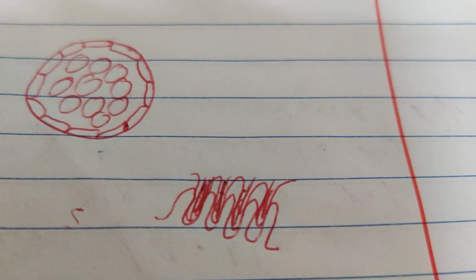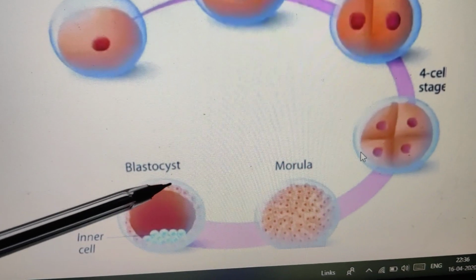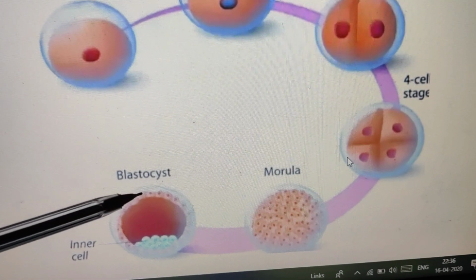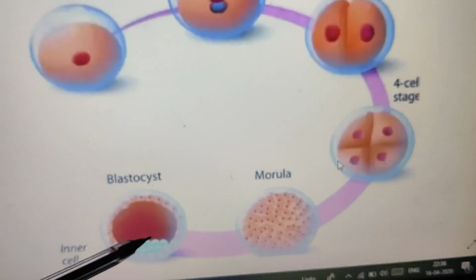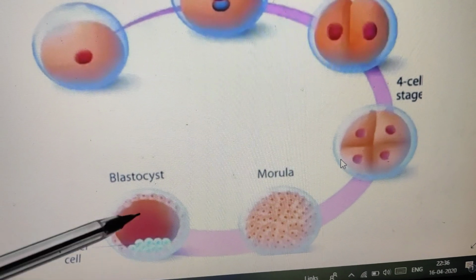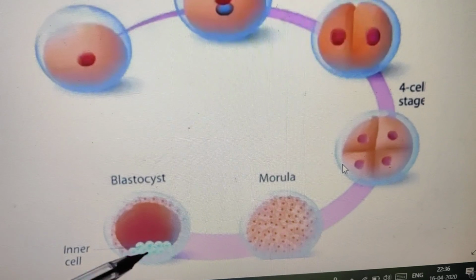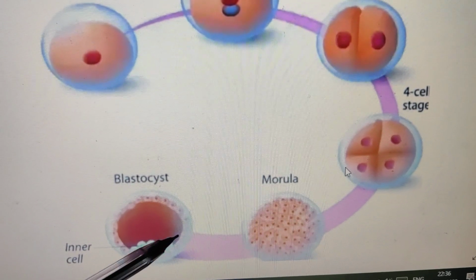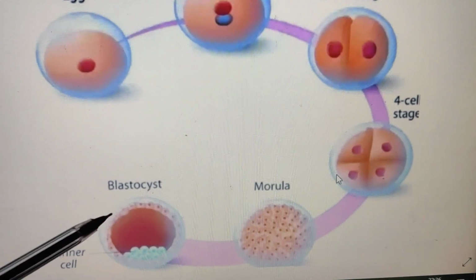After that, these cells arrange themselves in such a way that all the cells of the macromere shift towards one point, and a cavity starts forming in the free space.